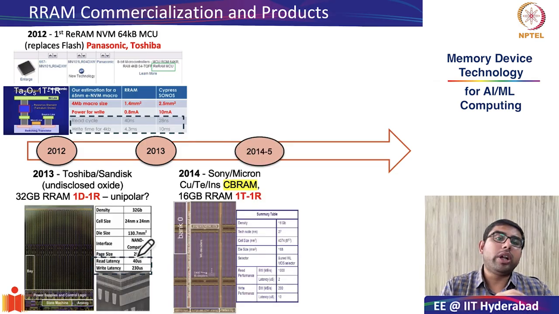In 2014, Sony and Micron came together and showed the first demonstration of a chip prototype made entirely from conductive bridge RAMs integrated in 1T1R fashion, which demonstrated a total chip size of around 16 GB.